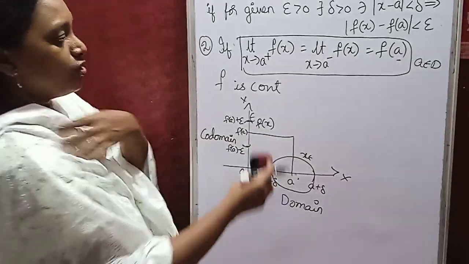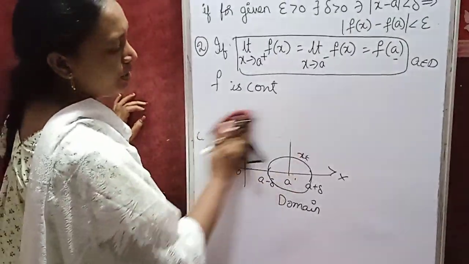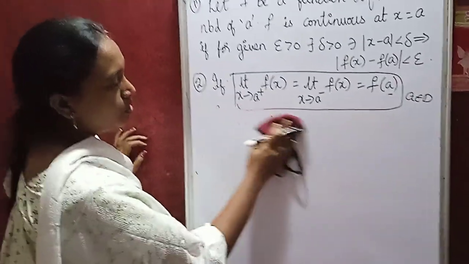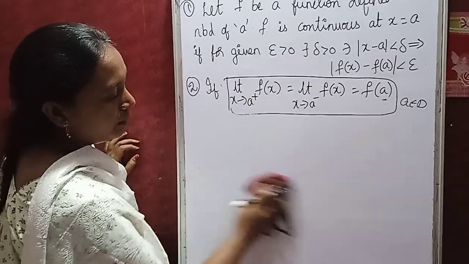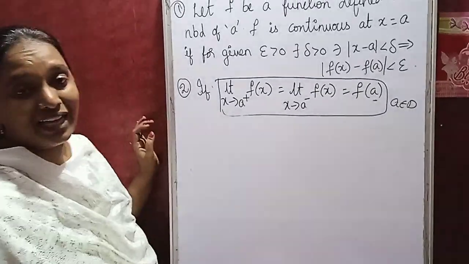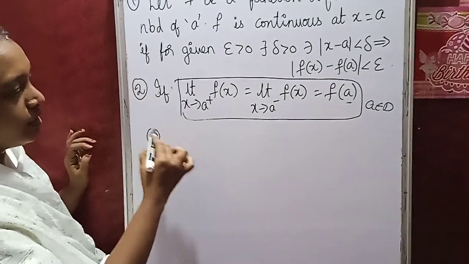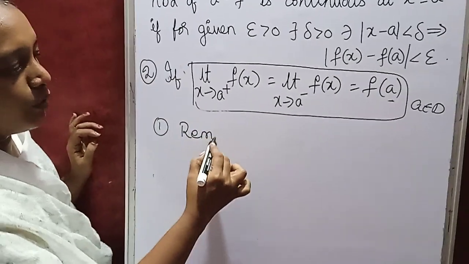Okay. Then when do we say that a function f is discontinuous? There are several types of discontinuities. The first one is removable discontinuity.